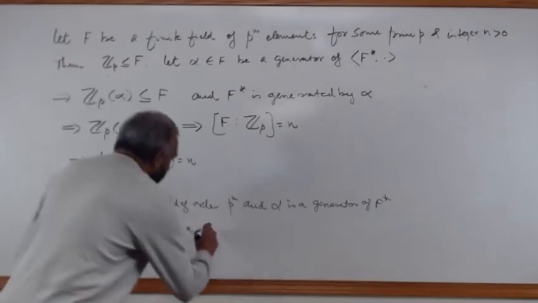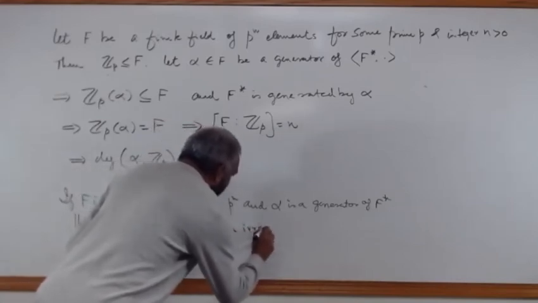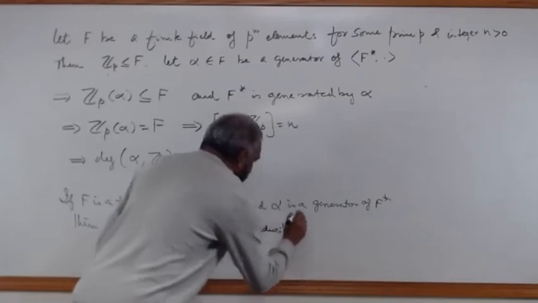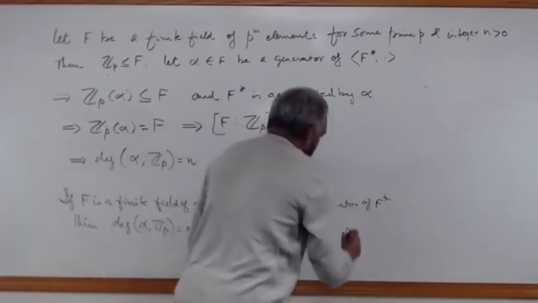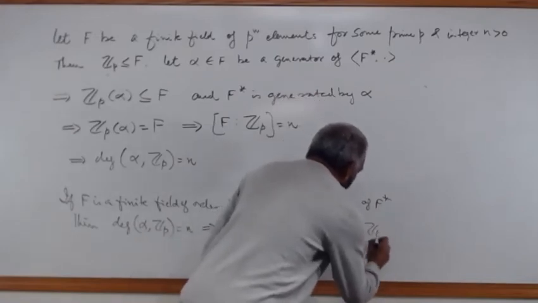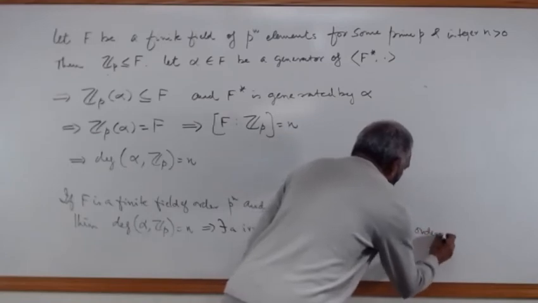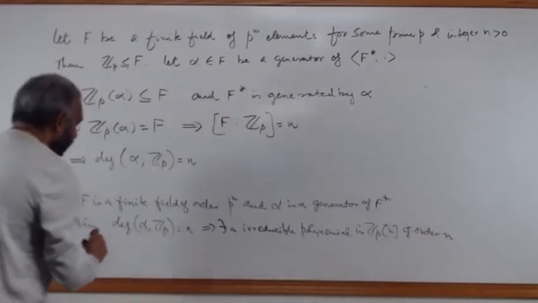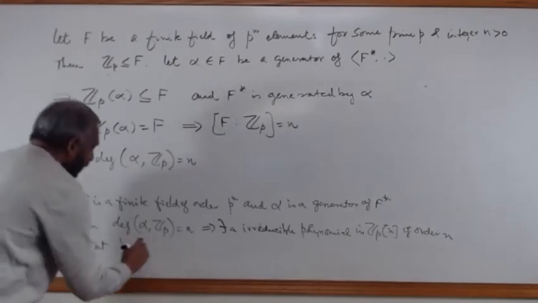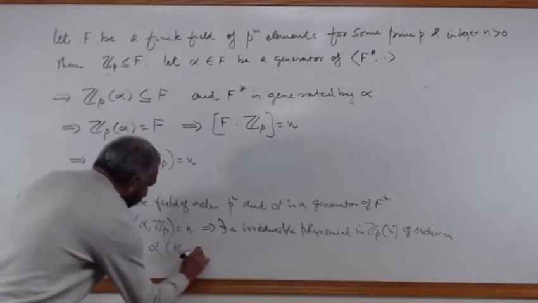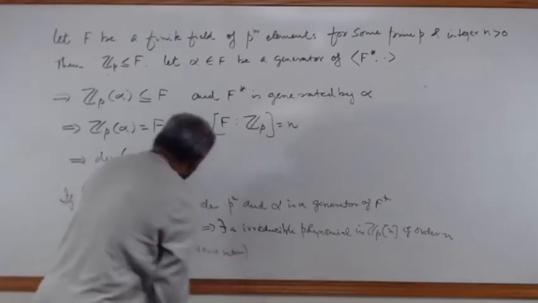So this implies there exists an irreducible polynomial in Zp of x of degree n that has alpha, the generator, as a zero.